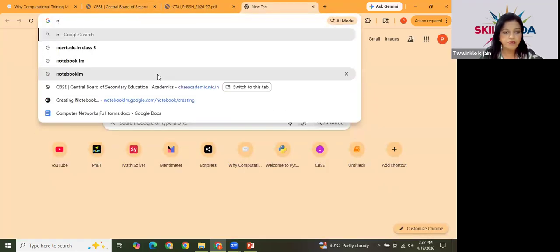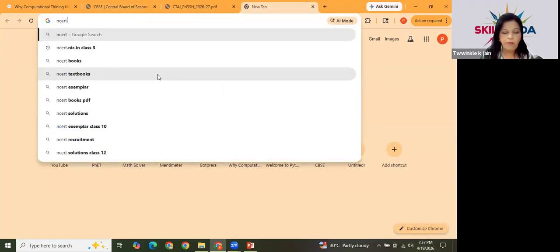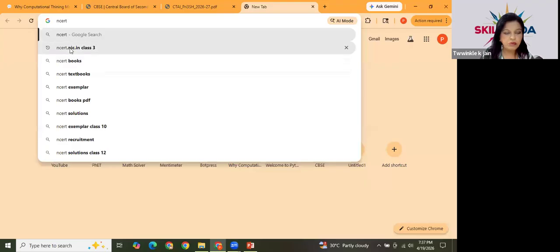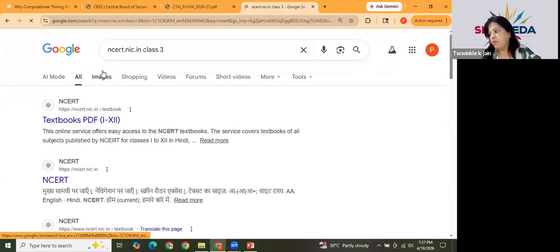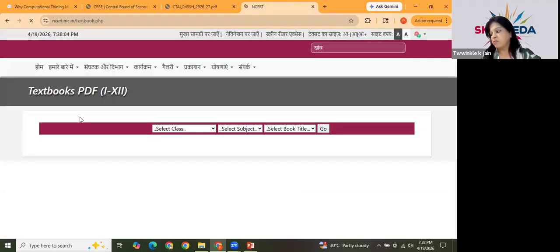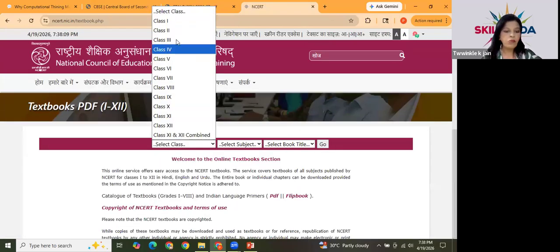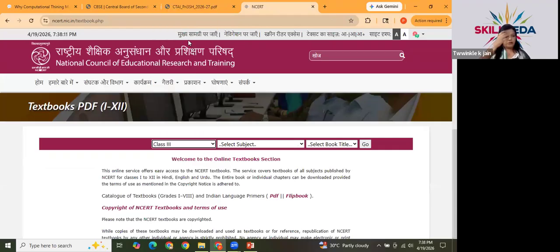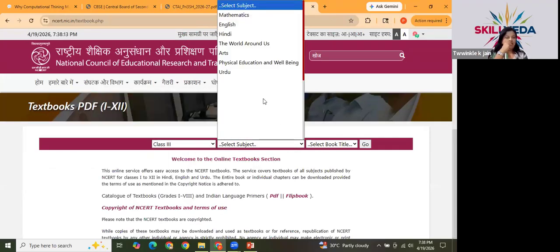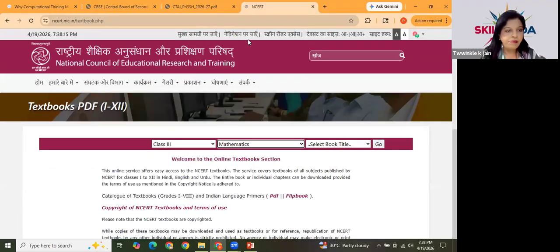Right. Now, I'll just show this NCERT textbook also. So there is a site for NCERT textbooks, ncert.nic.in. Here you can find this tab for selecting the class. Let me take class 3 and the subject is mathematics.